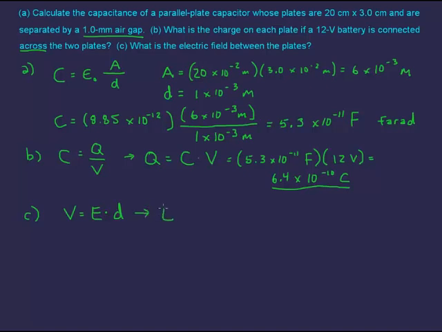So if we solve this for the electric field strength, it's the voltage over the distance, and that voltage was 12 volts, and the distance, if you recall, was 1 times 10 to the negative 3 meters, and that comes out to 1.2 times 10 to the 4 volts per meter.